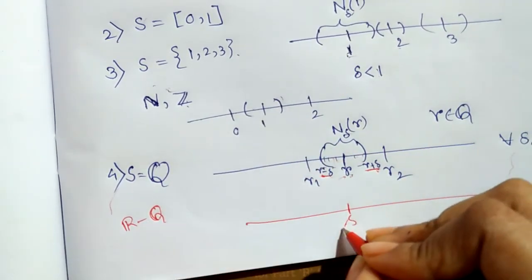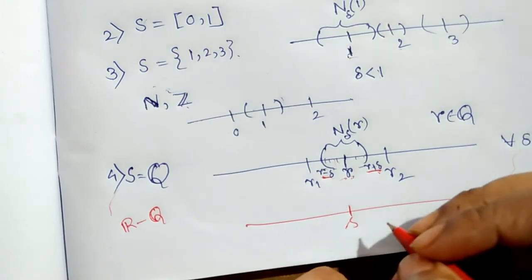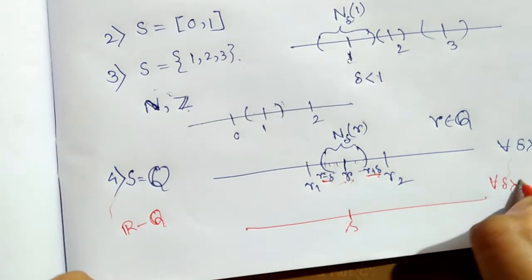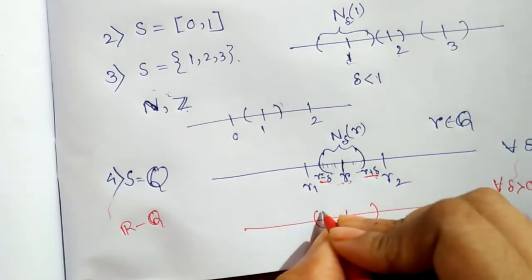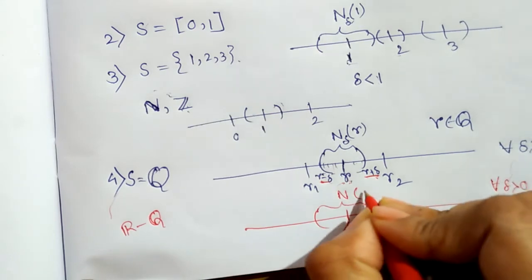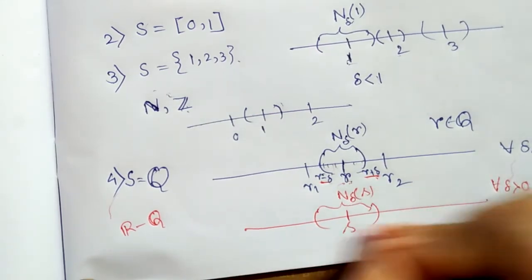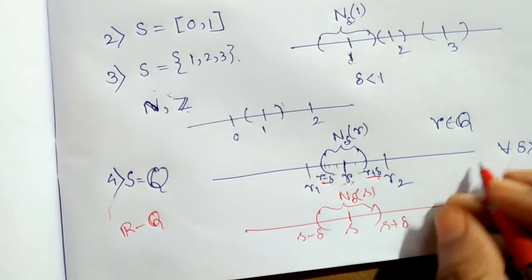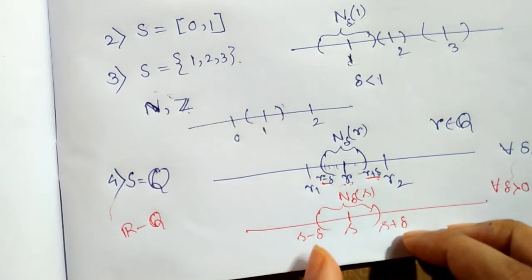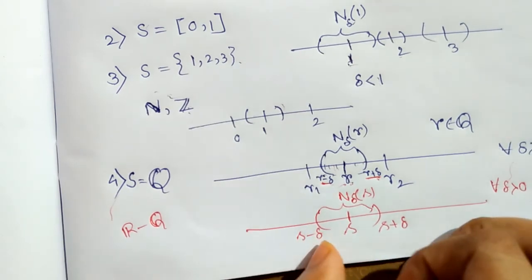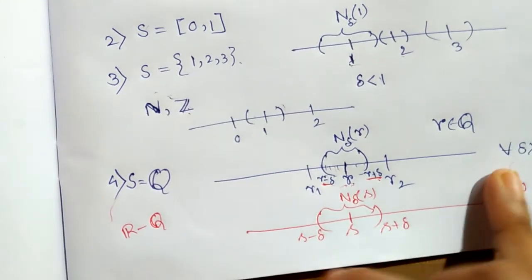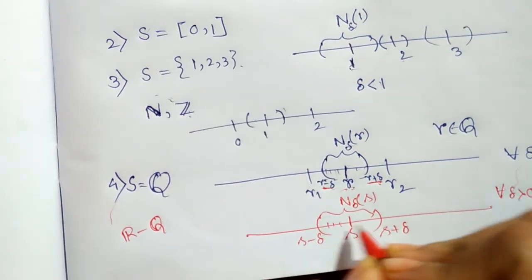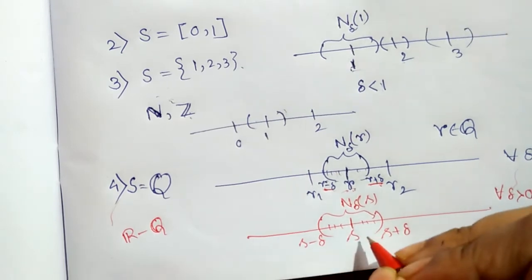So take any irrational number, say s. Then for any delta greater than 0, suppose this is N_s(delta), right? This is s minus delta, this is s plus delta. Then between these two real numbers, s minus delta and s plus delta, by the density property of R, there are infinitely many rational numbers, right?